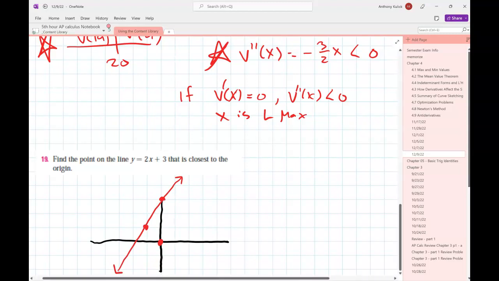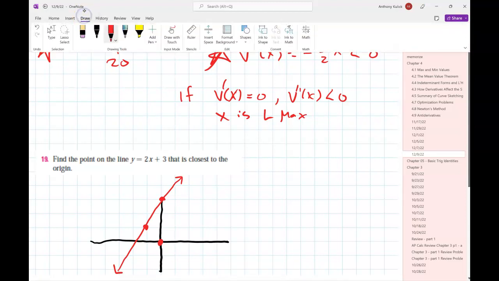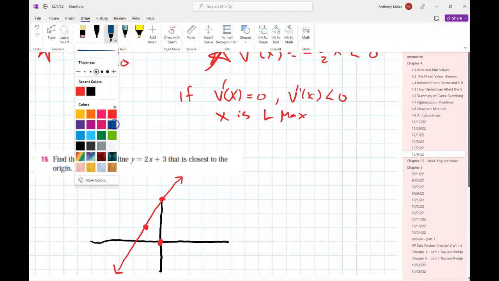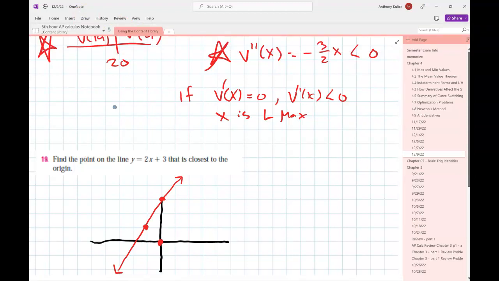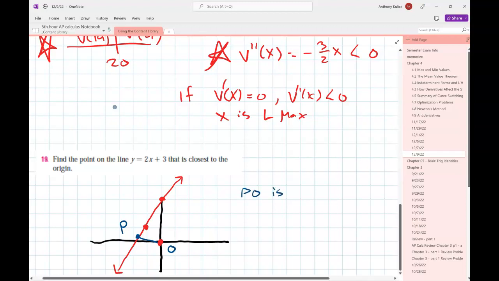Everybody's okay with that? My goal here is to find some point on this line, we'll call it P, such that, I'll call that O, such that that distance PO is minimum, right?